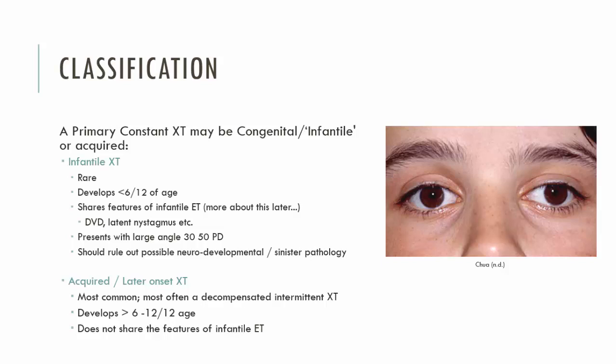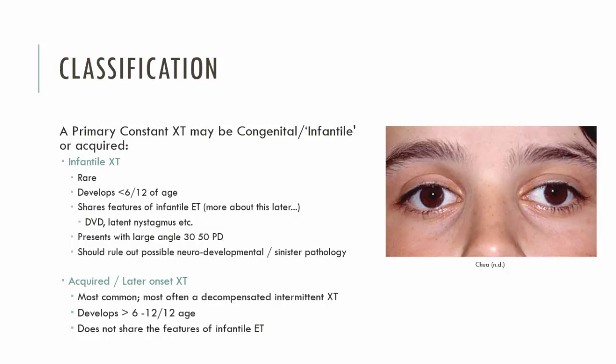The infantile exotropia is very similar to the infantile esotropia, but is extremely rare as compared to the infantile ET. So we won't discuss the infantile XT in this video, but we'll come back to it when we discuss the infantile esotropia, and then we'll have a better understanding of what we see in this particular condition.